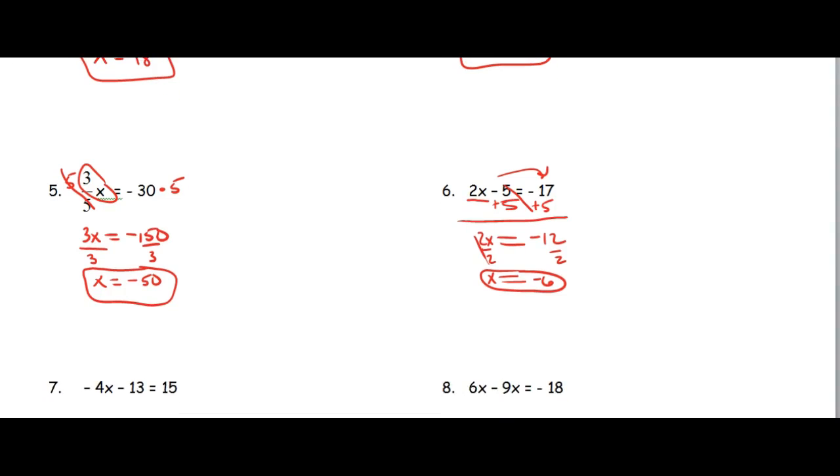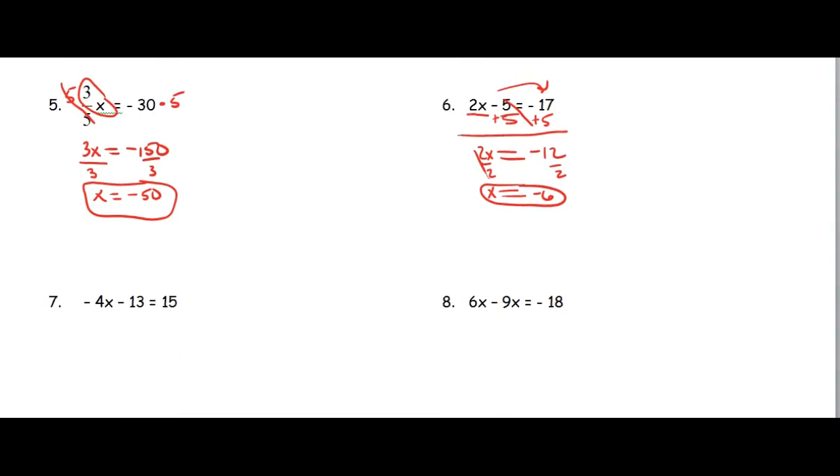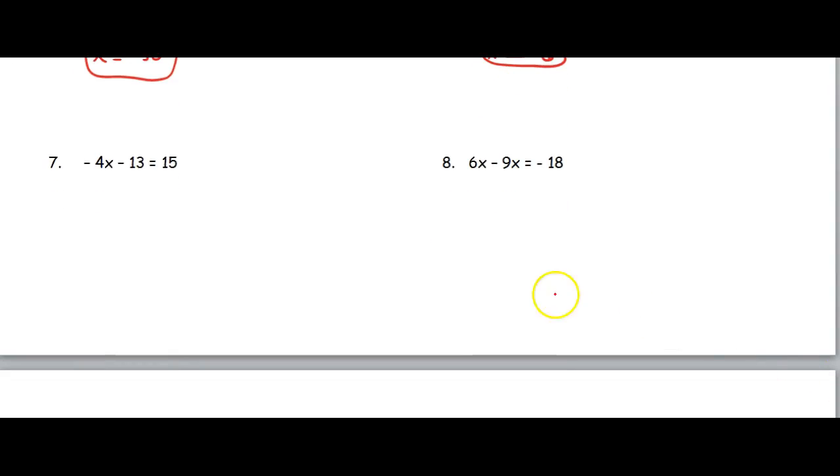Okay? Now the next example. I have all my x's on the left, but I have a constant on the left I've got to move over to the right. How do I get rid of this 13? Since it's negative 13, I'm going to add it to the left side, which means I add it to the right side. Notice how all my like terms align.